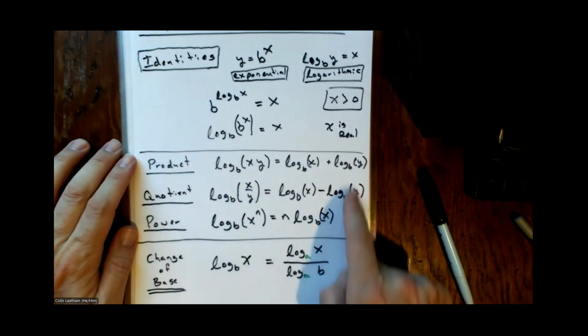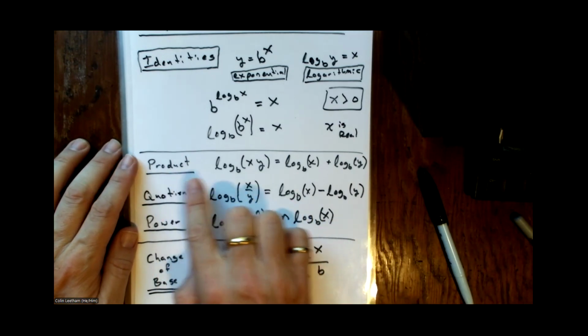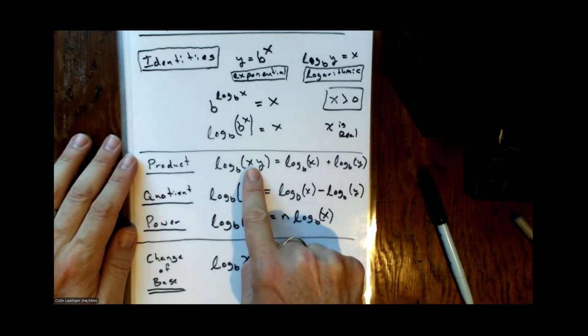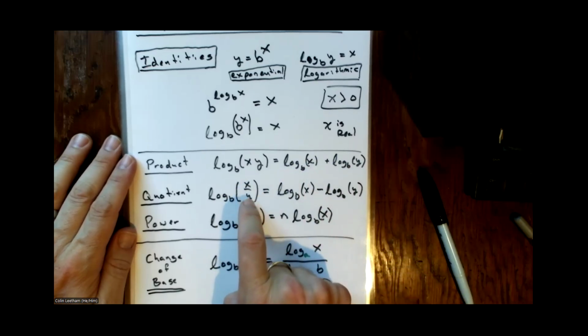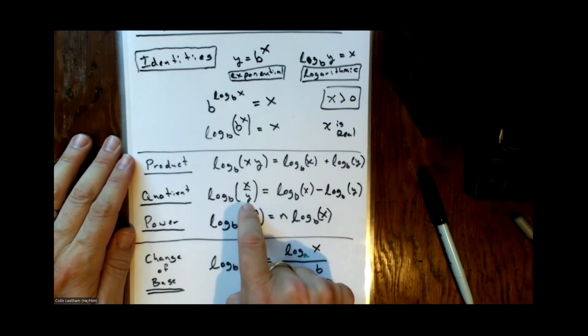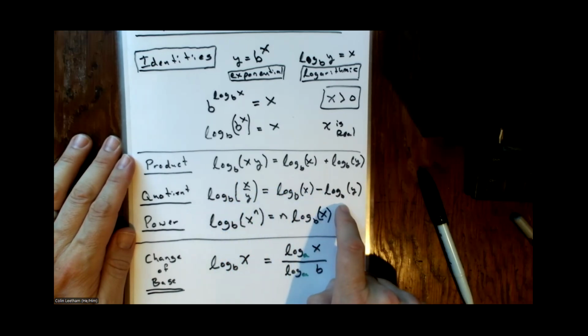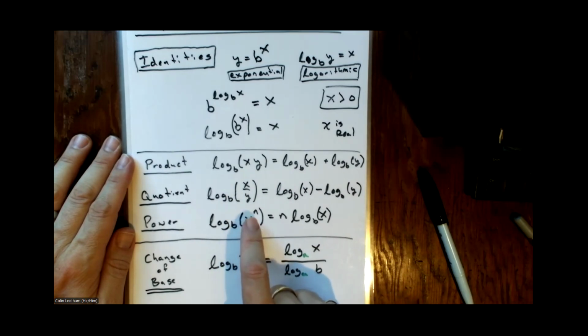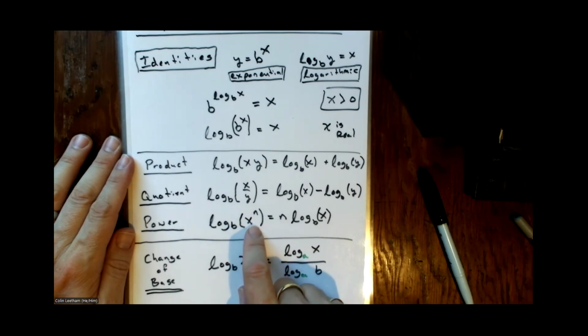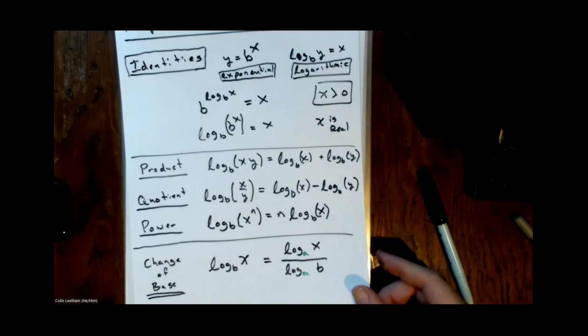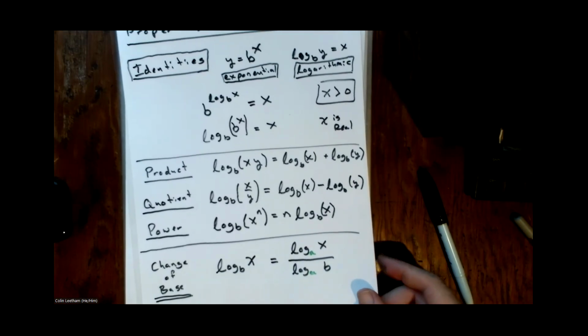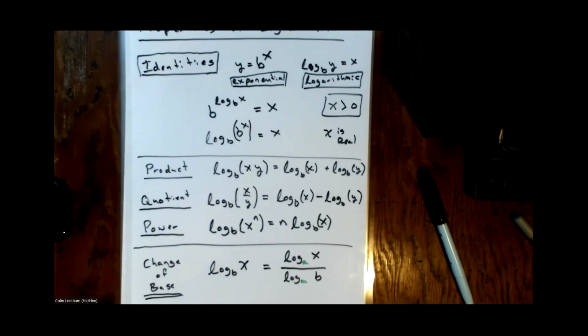But these three properties right here: our product rule, where a product in that logand turns into the sum of logs; a quotient, where if I've got a quotient as my argument in my log, that'll turn into the difference of logarithms; and of course the power, so if I've got a power in my logarithm, that power can just become a coefficient. This means that we can do some really interesting things and use this to expand some expressions.